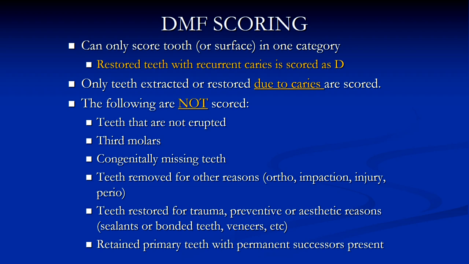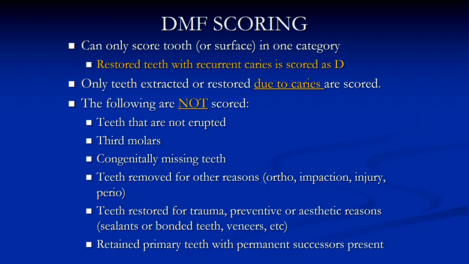So the scoring, here are the rules for the DMF scoring. You can only score a tooth or a surface in one of the categories. It can either be a D or an M or an F, but it can't be any combination of those.